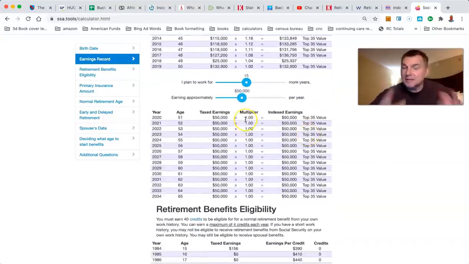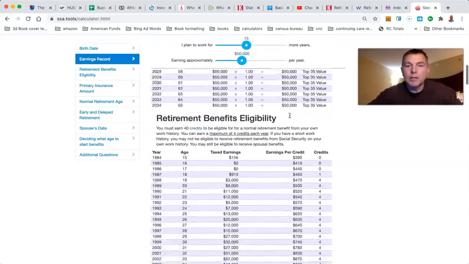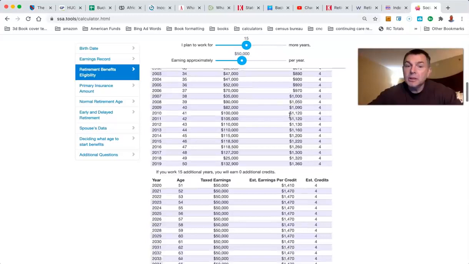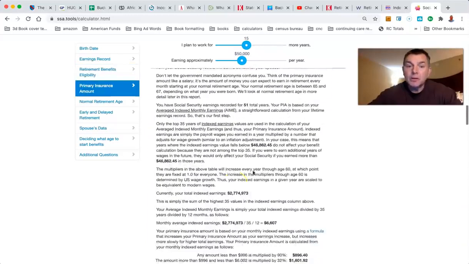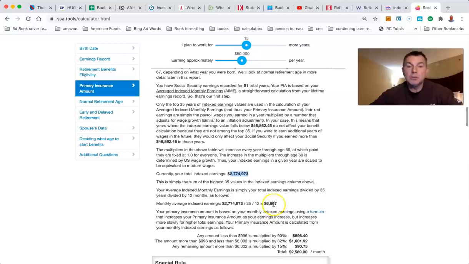Now these aren't indexed again, but be that as it may, we're going to go with it. So what they're going to say is, okay, now you have 15 years of $50,000. All of a sudden we have 2.77 million of total index earnings, which gives you a PIA of $6,600. Interesting, huh?